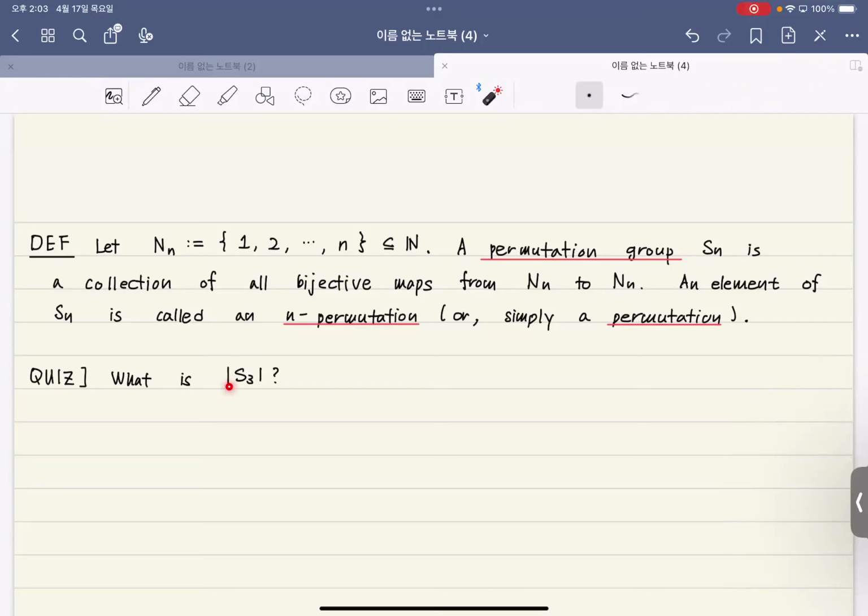If I put these two vertical bars around a finite set, this means the number of elements of the set. So how many functions do you have in S_3? In other words, how many bijections between three-element sets? Yes, 6, which is 3 factorial, right? Great.